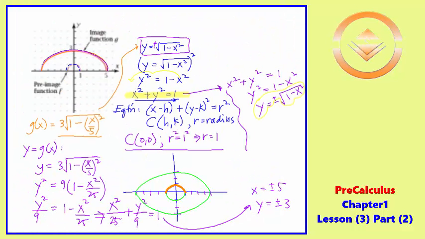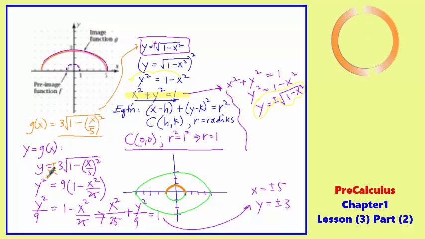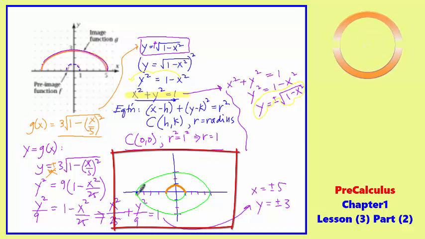Now we're only concerned again with the positive part here. So we disregard the negative y. We're going to get this graph only.